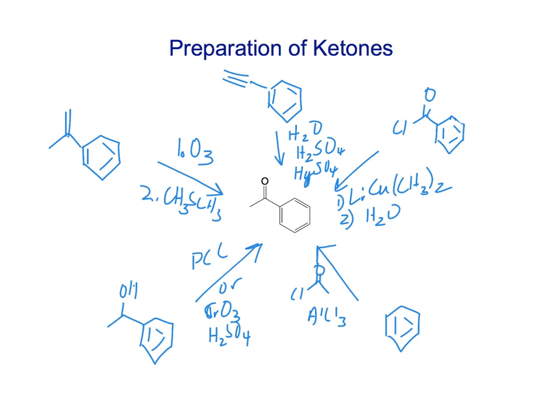In this case, it would follow a Markovnikov addition, right? So the proton would go on the end, the OH would go on the more substituted side to give an enol, and that enol would tautomerize to the ketone. Okay, so we've got a bunch of ways to make aldehydes and ketones already. We hadn't even started this chapter yet.